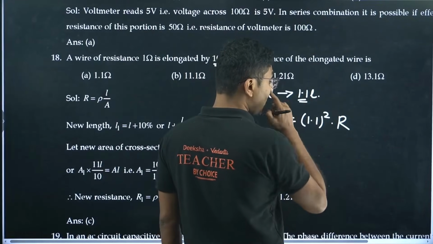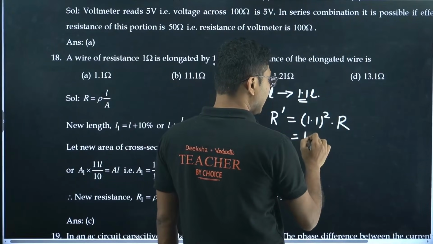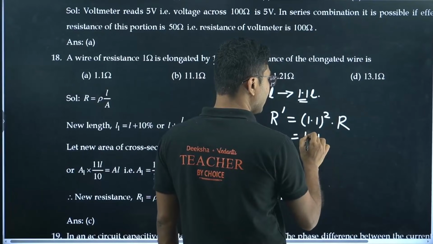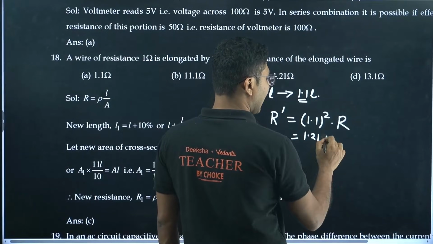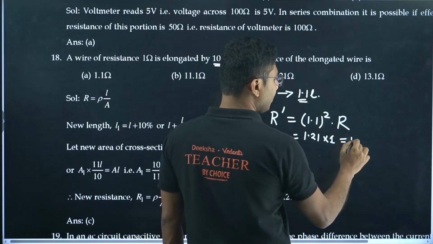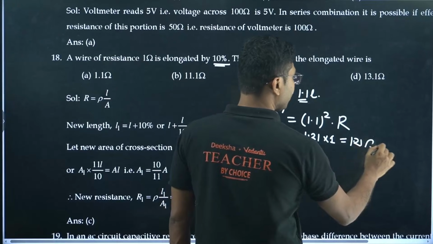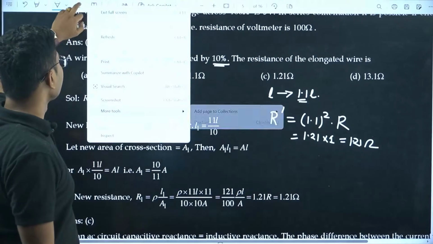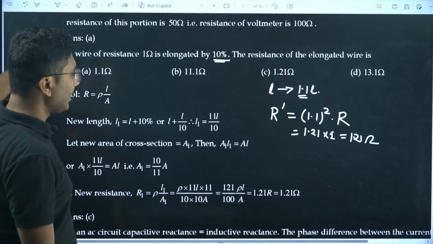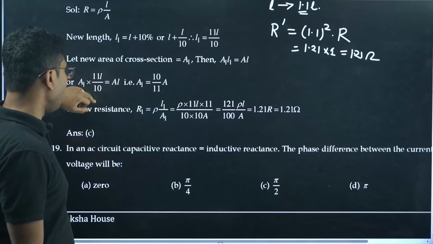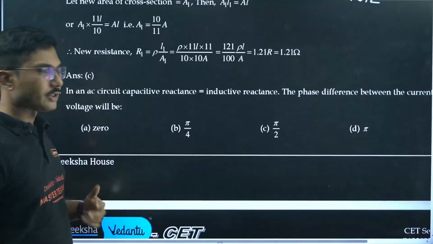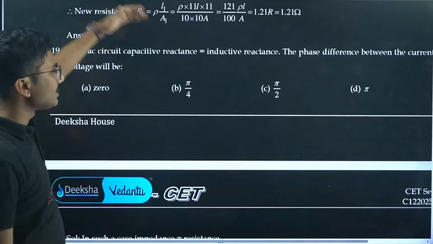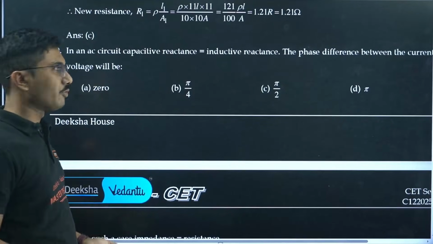So 1.1 squared, 11 squared is 121 and 2 decimals, so 1.21, and the old resistance is 1, so this will be 1.21 ohm. This is the shortcut method to solve such questions. Don't be afraid. You should also learn to solve such questions quickly, otherwise the original methodical process is always there.